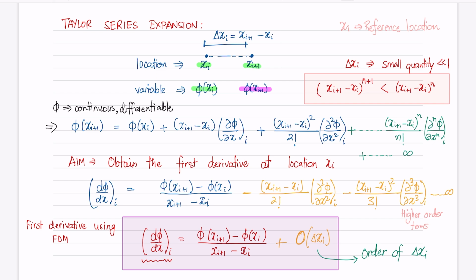So now the question comes, do we really know how we can evaluate all these different parts? So the answer is maybe or maybe not. And the reason is because on the right hand side we have all these higher order derivative terms that are sitting. So in all likelihood we don't really know the information of these higher order derivatives, given the fact that we are trying to evaluate the first derivative.